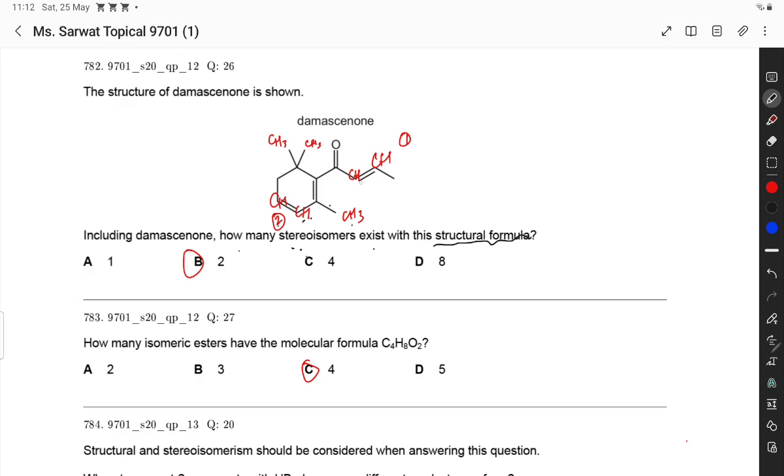This is the same CH3, and this is also different. Look at here, carbon, carbon, 1 and 2.